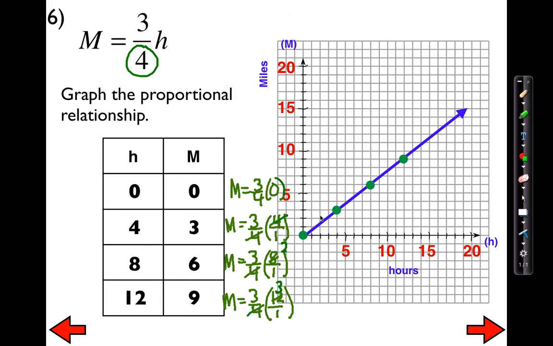And there you have our graph. So what's great to see is that I do have a linear graph and it goes through the origin, and I expect to see that since my equation is in the form of y equals kx. So in other words, we don't see a constant, which allows for the graph to go through the origin, 0, 0.